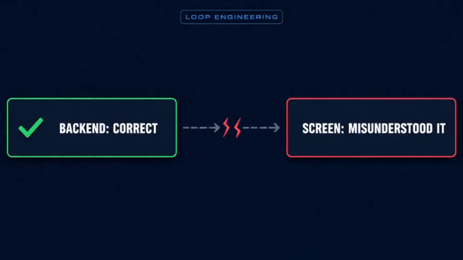You see that the request is being sent correctly. You see that the back end is sending back the correct document, but the screen does not understand the response properly. And that's where the problem is. The problem's in the screen. Yeah?